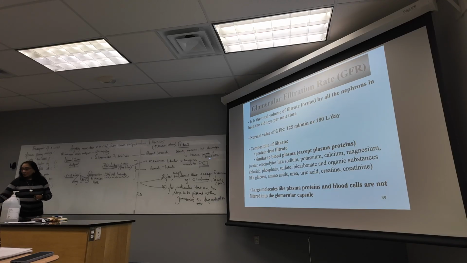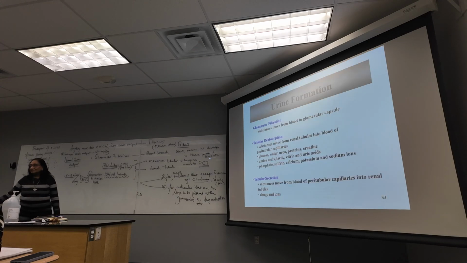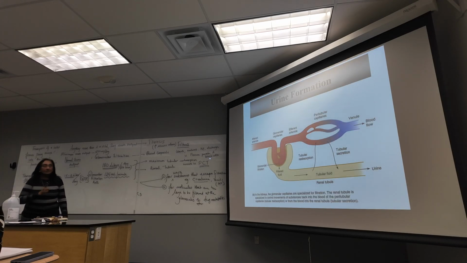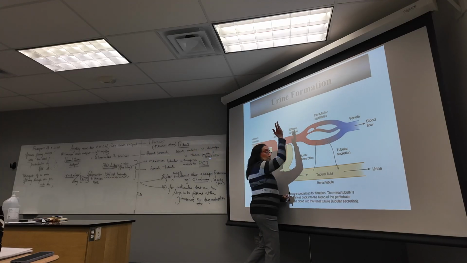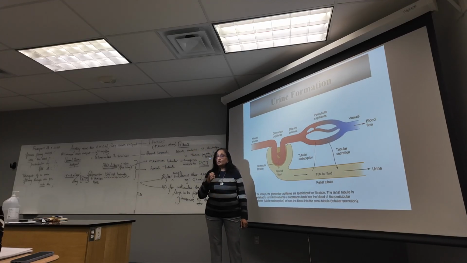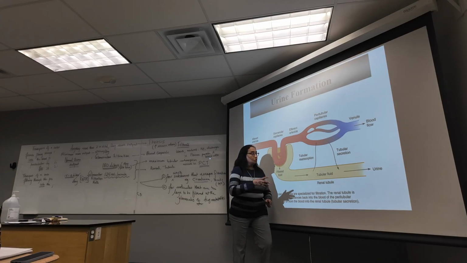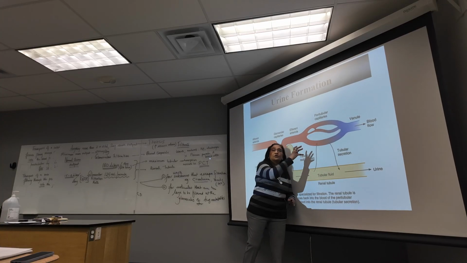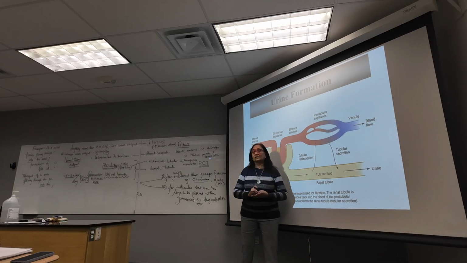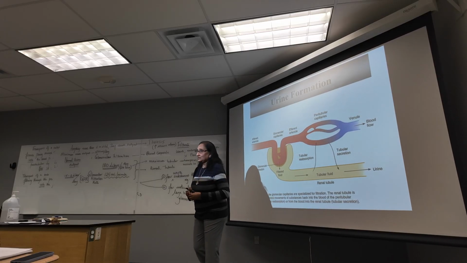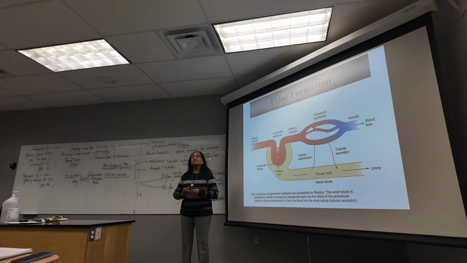This is where you understand this. 178 liters per day is being reabsorbed. So if you look at these three processes, tubular reabsorption is really important, because if this doesn't happen, you're going to lose fluid. You're going to lose electrolytes. So tubular reabsorption is very important.